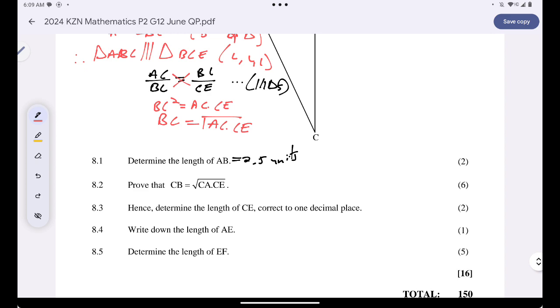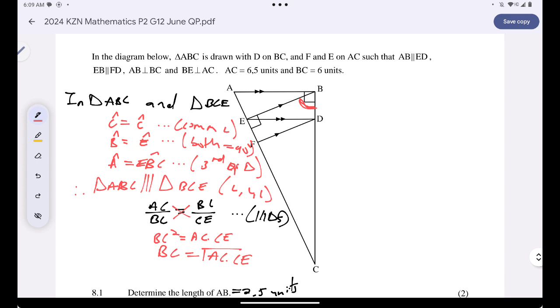And then I'm asked to find the length of CE. How can I do so? BC squared is equal to AC times CE. Please note that BC was given as 6 units. AC is 6.5. I don't know the length of CE.